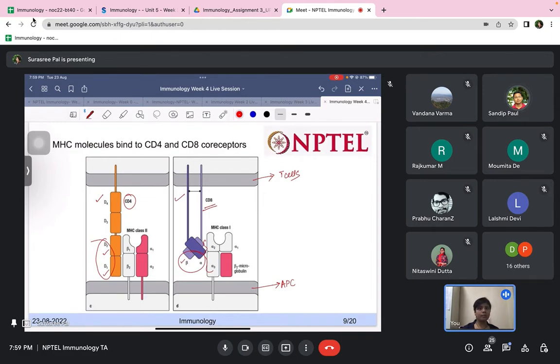These peptides will be of the pathogen, and the APCs will express these particular peptides on the surface so that they can be recognized by naive T cells, right? Okay, so the processing is being done in macrophages or dendritic cells, not inside the B cell. No, not inside the B cells, but remember that these MHC class 1 molecules are expressed on all nucleated cells.